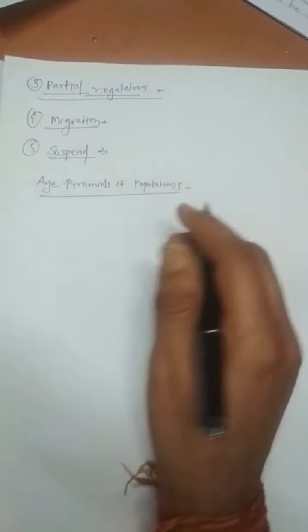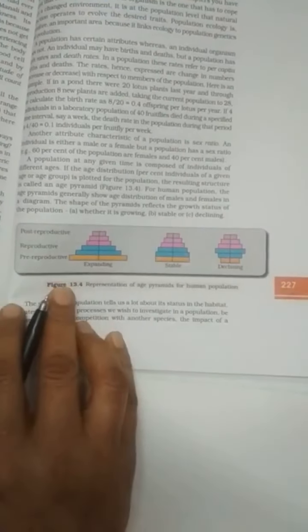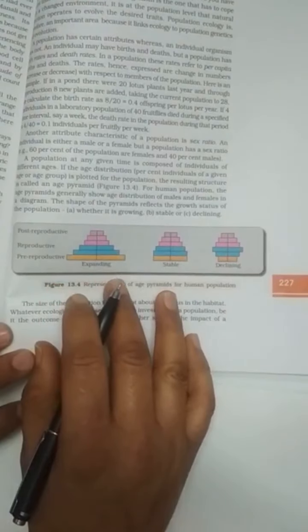In your textbook, these are age pyramids. You can see here these 3 pyramids are age pyramids.